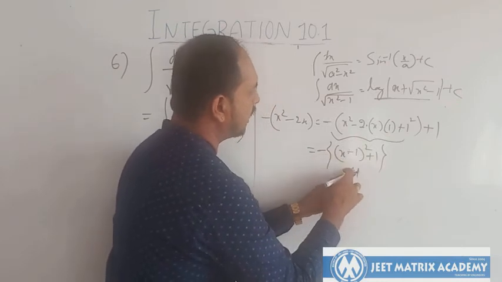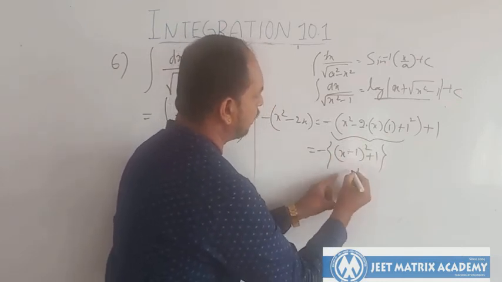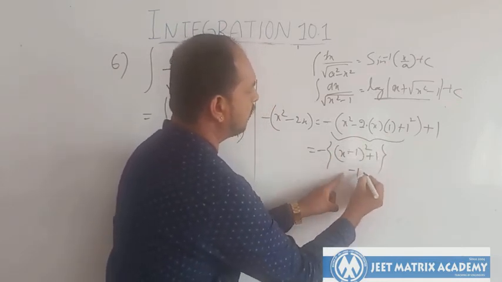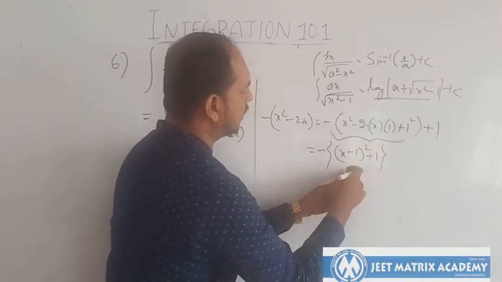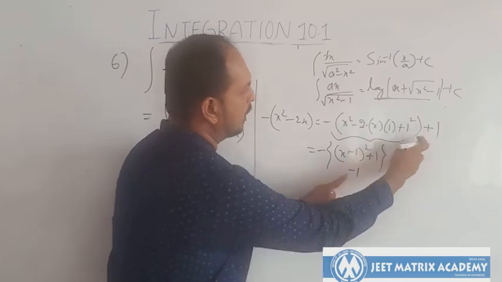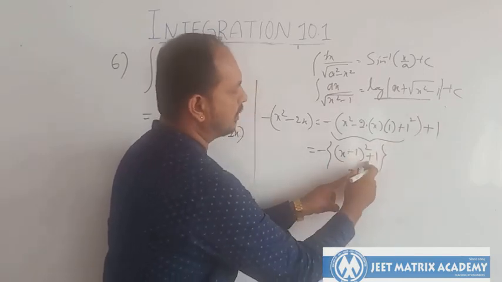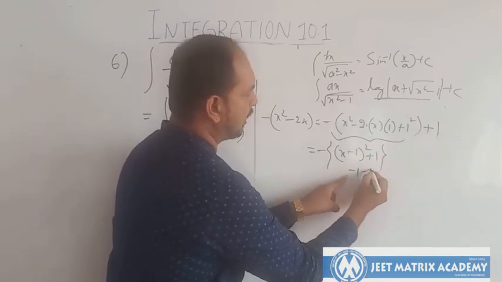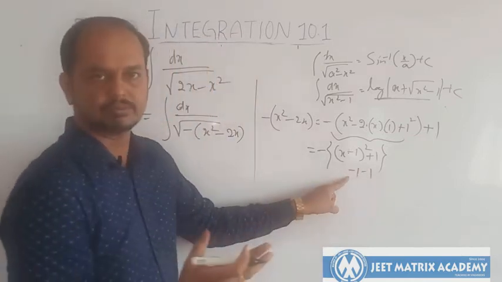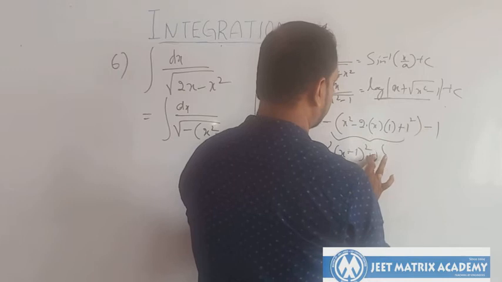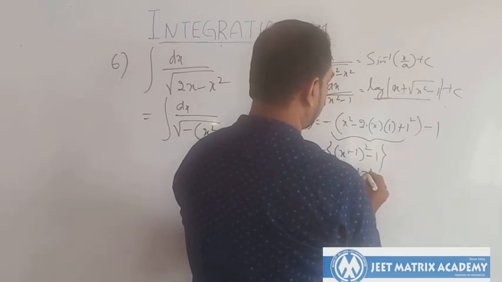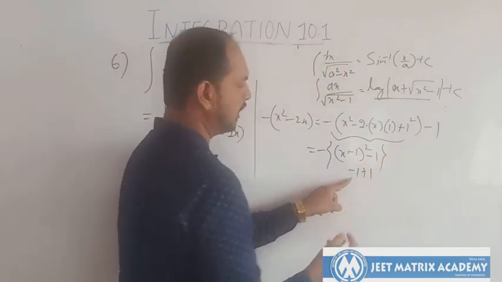When you open bracket, this becomes minus 1 and this plus becomes minus. Am I right? So when I open, this plus becomes again minus. So it is minus 1. Now plus 1 and minus 1 get cancelled.